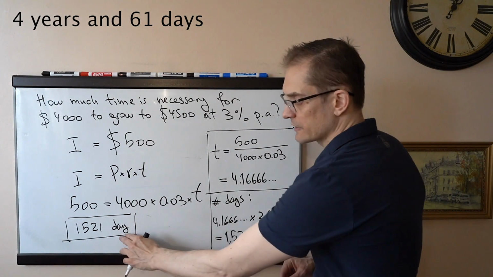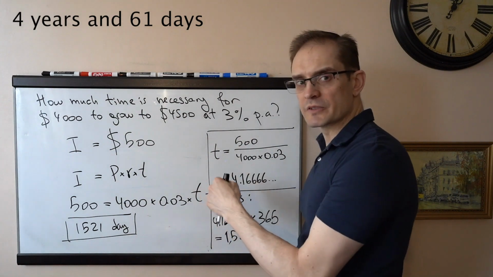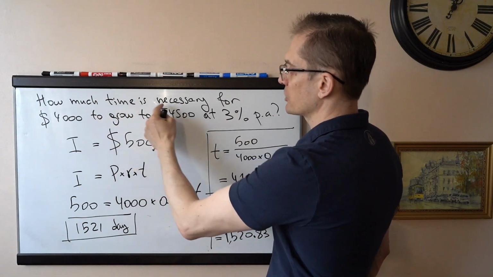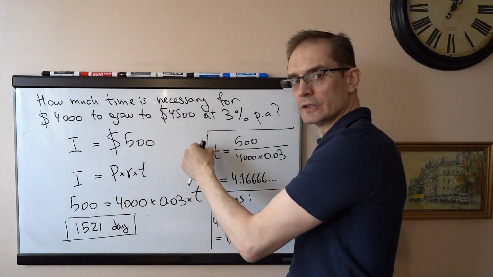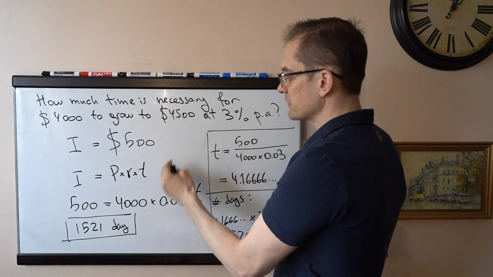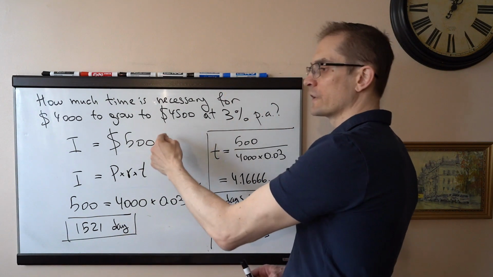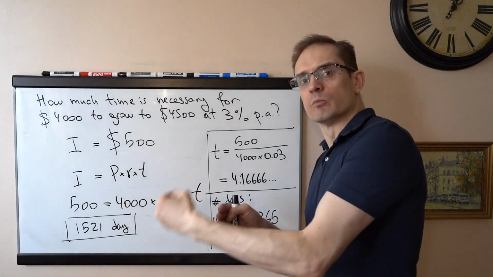Well, when you round this amount up, in fact, this problem becomes a little bit different. So it will be this: how much time is necessary for 4,000 to grow to at least 4,500, right? Because if you round this amount up, it's not that you will get 4,500, you will get 4,500 with just a little bit more.